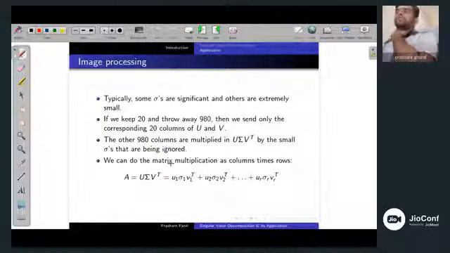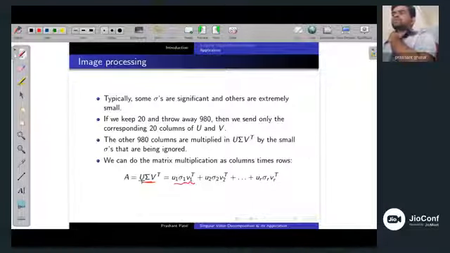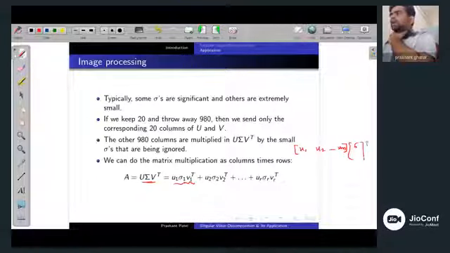So what we can do, with the help of matrix multiplication, column times row, is write A as U1 sigma 1 V1 transpose plus so on. So this is U1, U2 up to UN, you have a sigma here, and you have V1, V2.